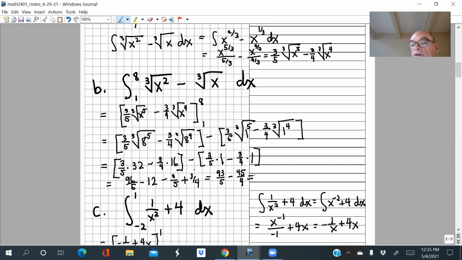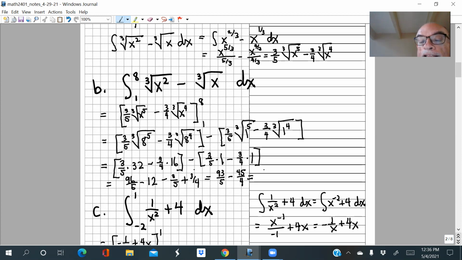Any suggestions for doing that? Do you want to find a common denominator? Maybe 20? You want to find a common denominator there, which is 20, right? Okay. You're exactly right. So our common denominator here is 20. So multiply top and bottom here by 4.